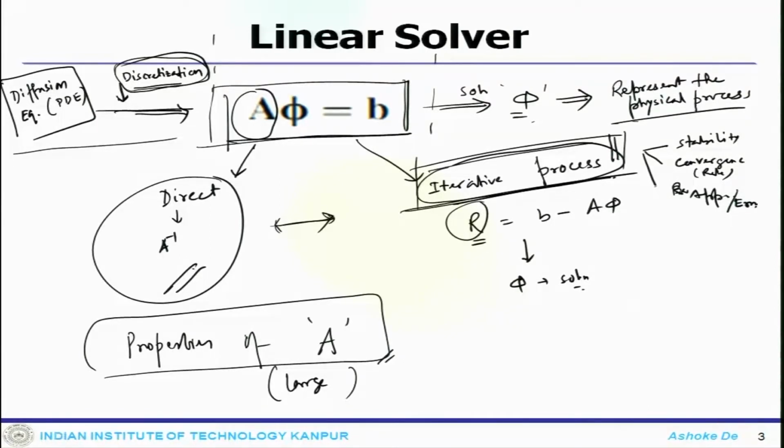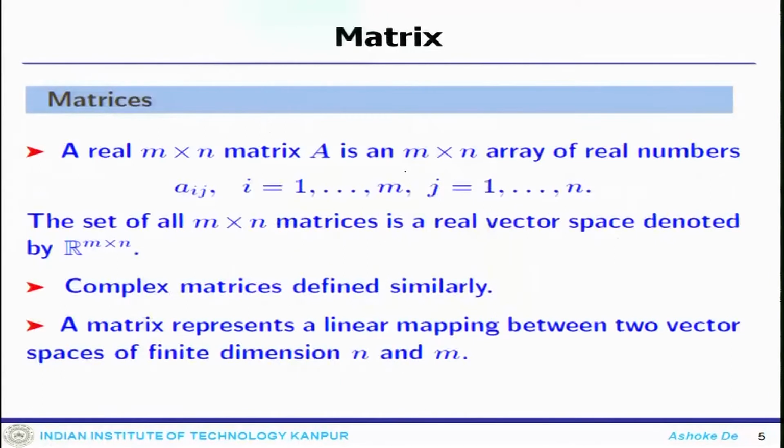So, what we need to do next is talk about some properties very quickly, and once we do that, we will move to the calculation of the direct solver. So, with that objective in mind, we will look at some properties of these matrices.